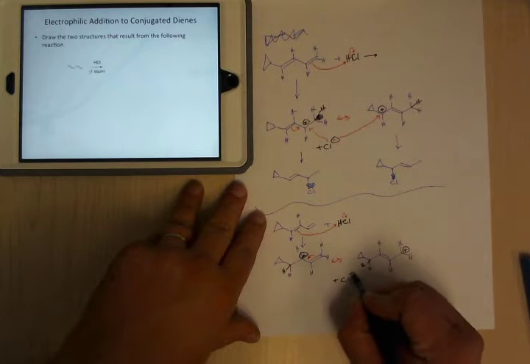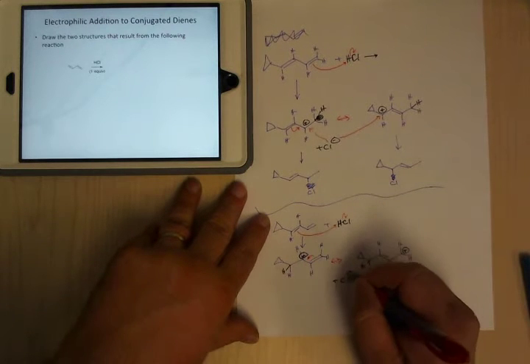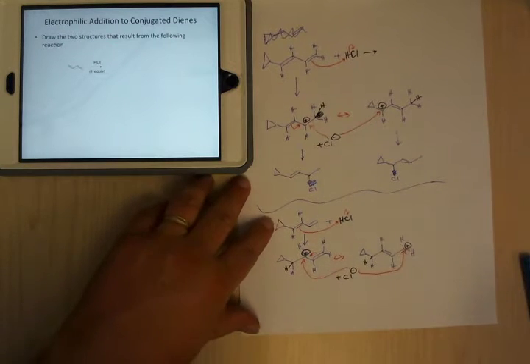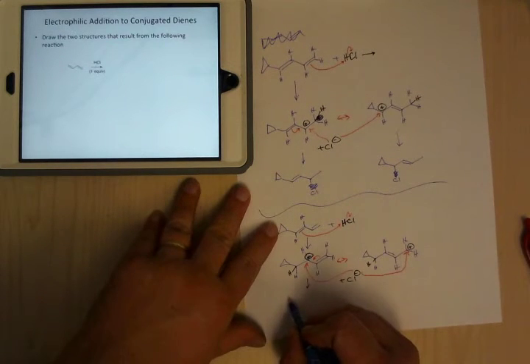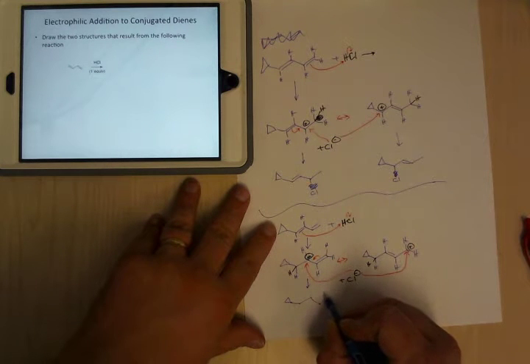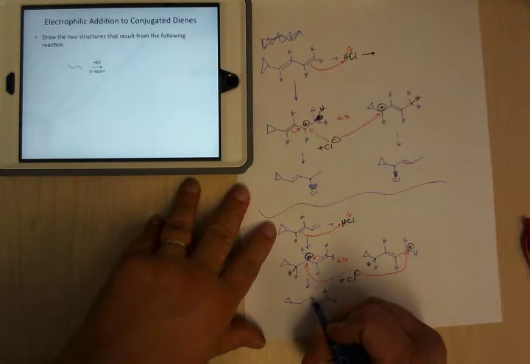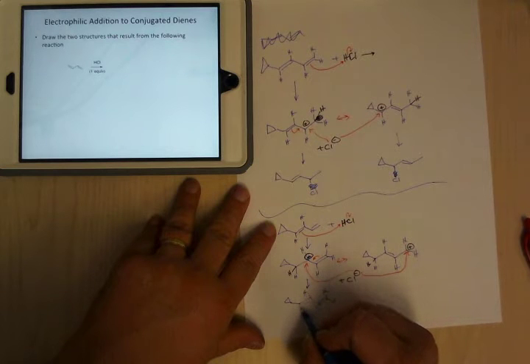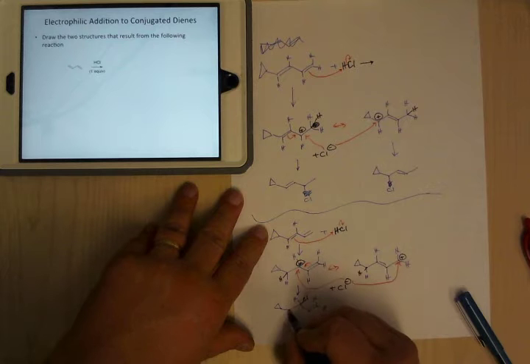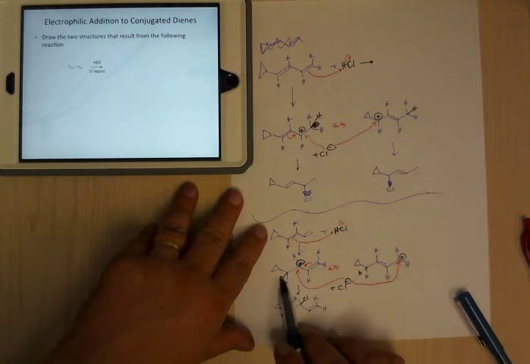So when your chlorine comes in, it's either going to attack there, or it's going to attack there. So hydrogen was added there.